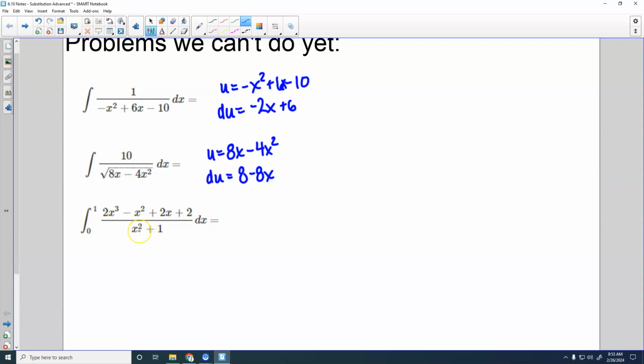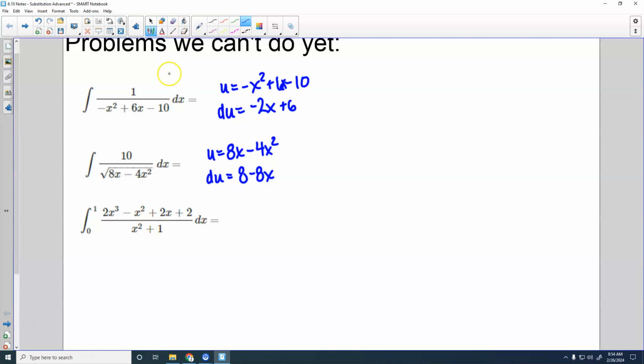If I try to use the denominator as a u, then I've got all this complicated stuff in the top. Maybe you could try to do that, no, it's going to be bad. I could maybe try to make the top u, but then my du is in the bottom, and the du of this would be 6x squared minus 2x, and I can't make that extra x appear, right?